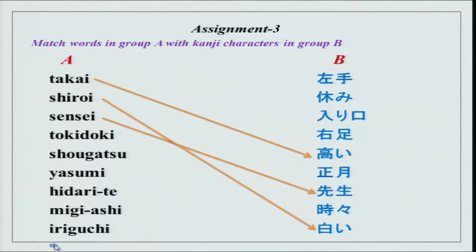Sensei, tokidoki, and this character or this symbol shows that what is being repeated over here, the same hatsuon or the same reading, is being repeated.